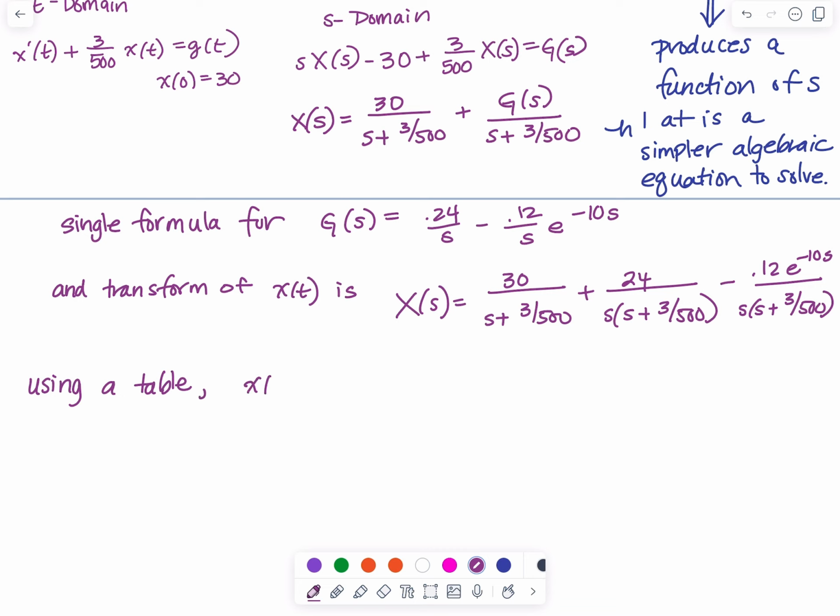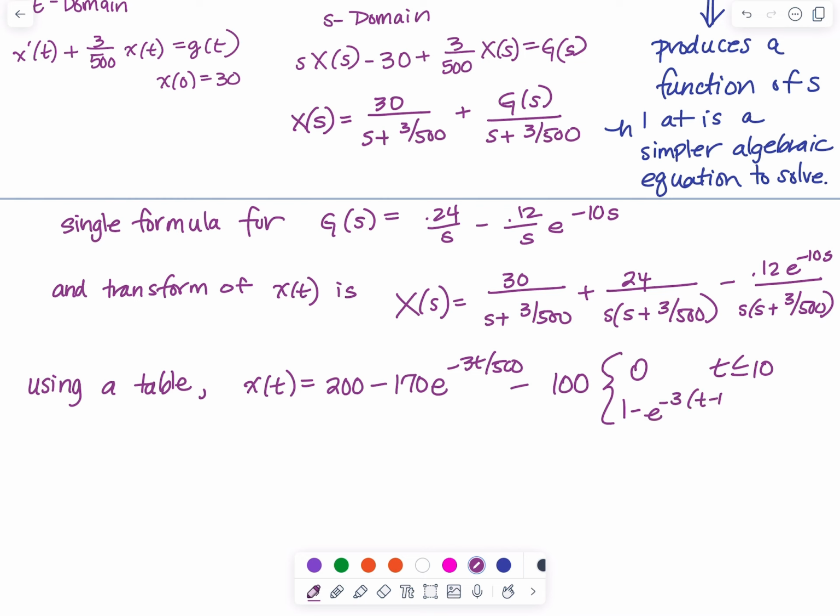We have x of t is equal to 200 minus 170 e to the negative 3t over 500 minus 100 multiplied by 0 when t is less than 10, or multiplied by 1 minus e to the negative 3 times t minus 10 all over 500, and that is when t is greater than or equal to 10.